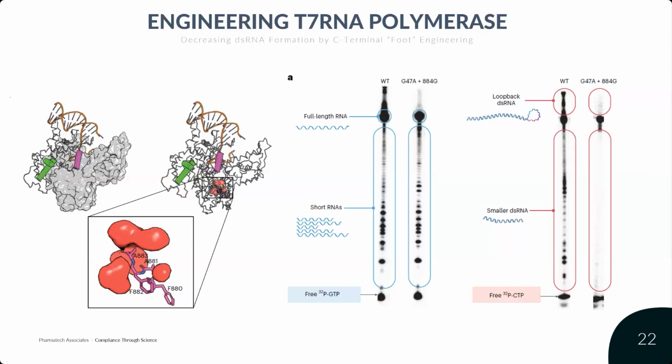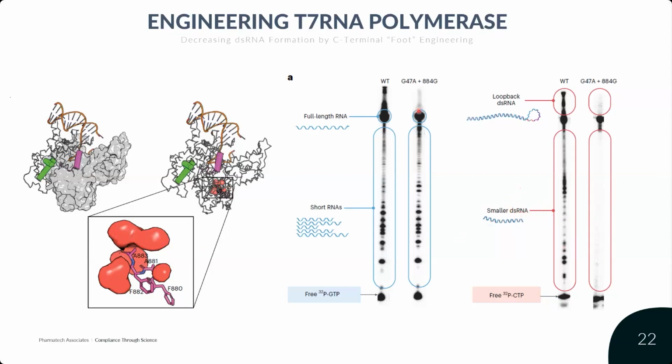Their hypothesis is essentially that if they can engineer these void volumes by engineering the amino acid residues here, they can provide better binding of the plasmid DNA and ultimately less potential for impurities, which are short RNAs or smaller double-stranded RNAs that can be formed.